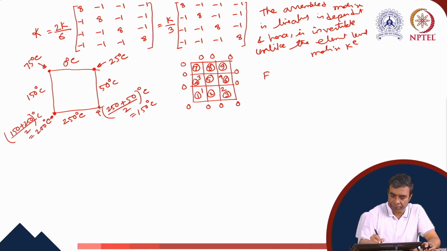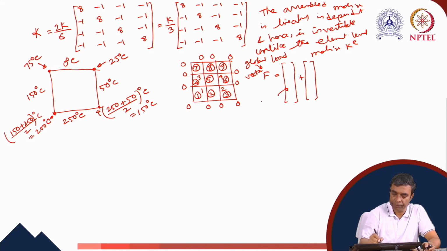The load vector F, this is the global load vector, equals to the part contributed by the source term, and this portion will be contributed by EBCs.